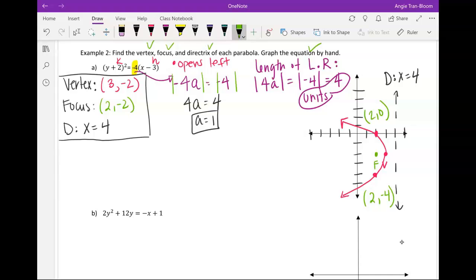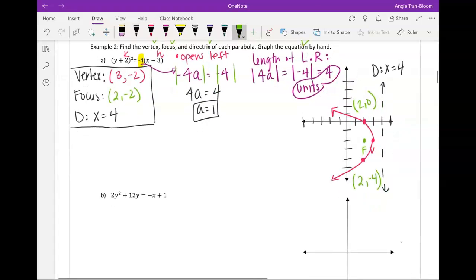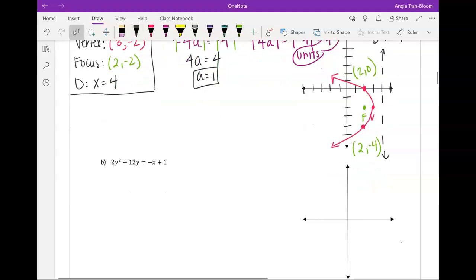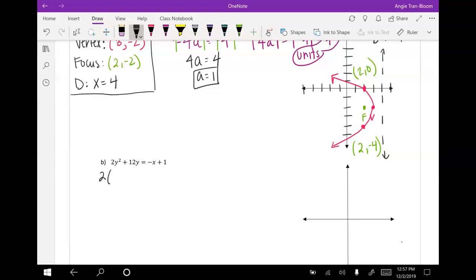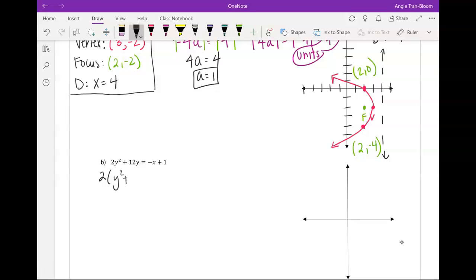Example 2b, very similar, except that we need to complete the square. Ready? To complete the square, we first will factor out the 2. We know the y variable is being squared, so we know it either opens to the left or to the right. So 2 times y squared plus 6y plus blank equals -x plus 1.